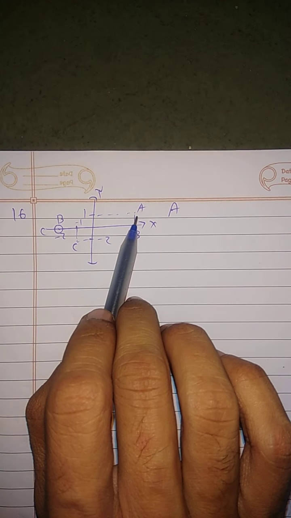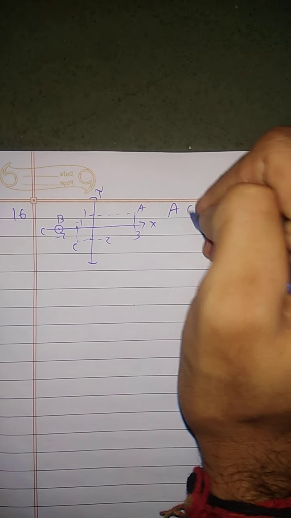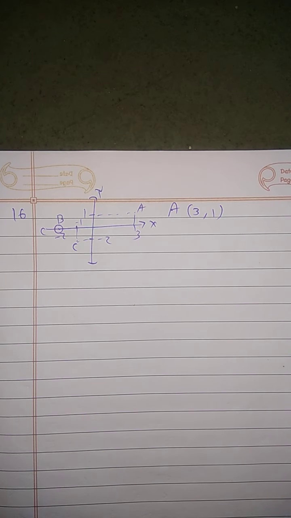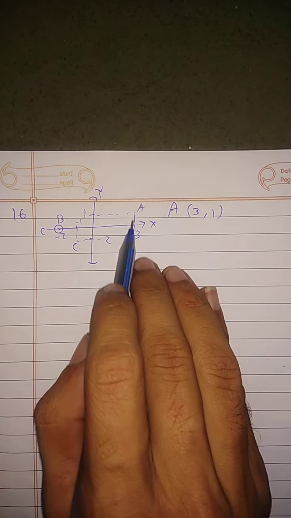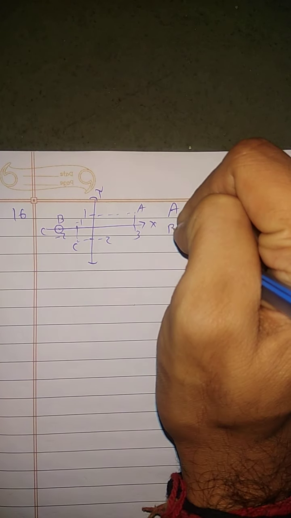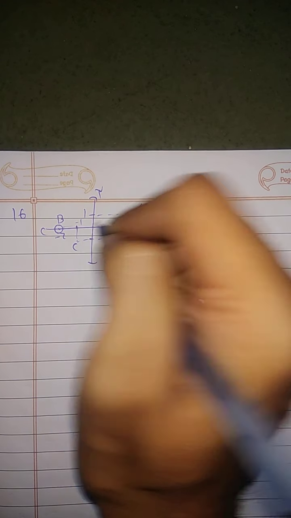First of all, we need to check on the x-axis. On the x-axis we have the value 3, so for A, first of all 3, and on the y-axis we have 1, so 3, 1. This is the coordinate of point A. Now for B, on the x-axis minus 2 and on the y-axis 0.